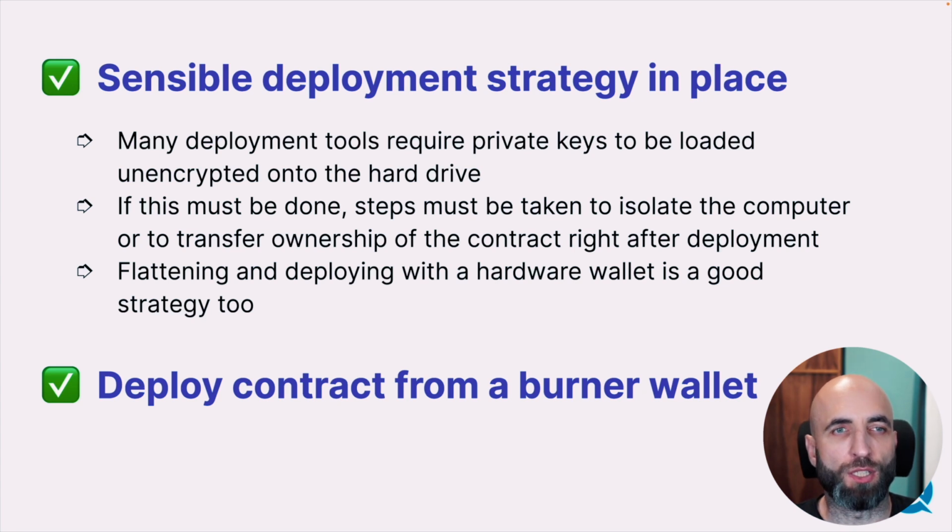The next stage is deploying the smart contract. The first thing that you need to do is to come up with a sensible deployment strategy that is safe and future-proof.